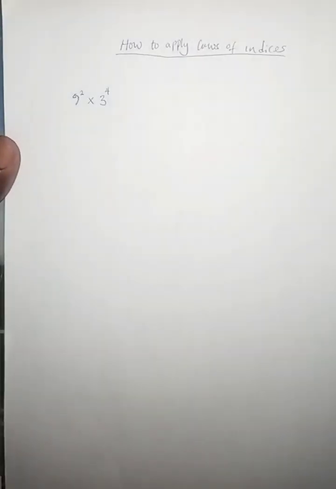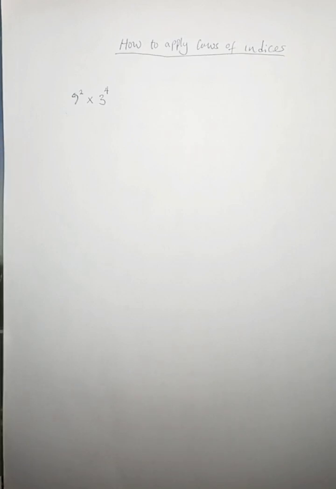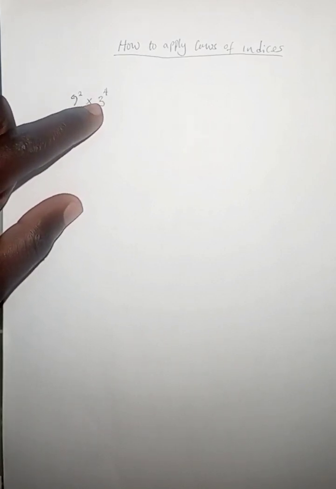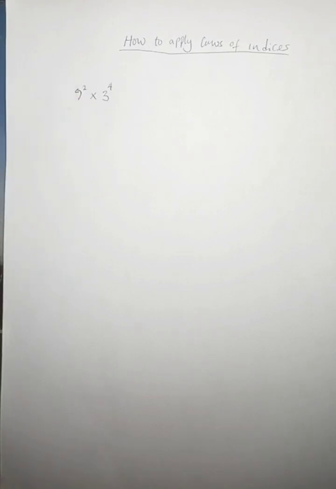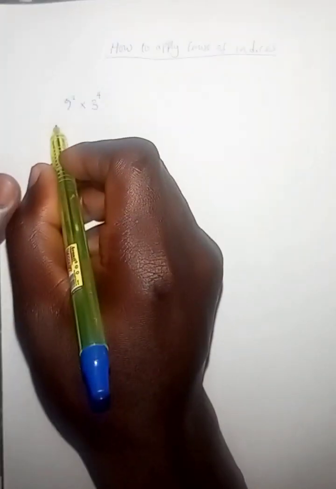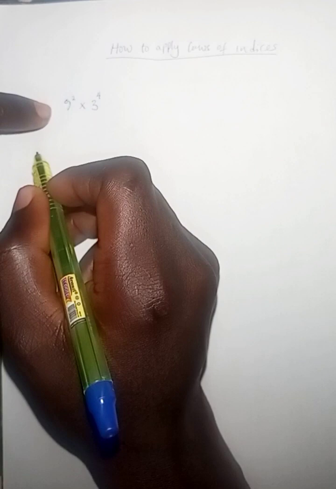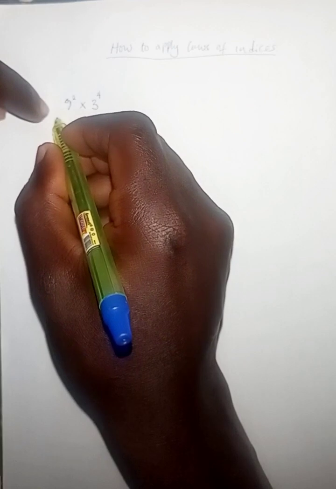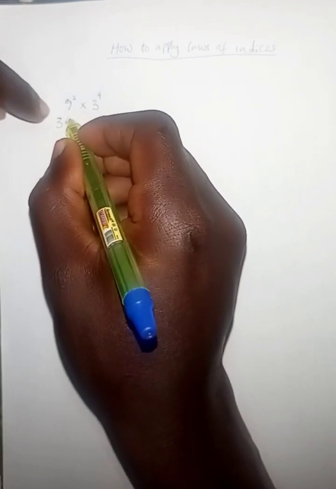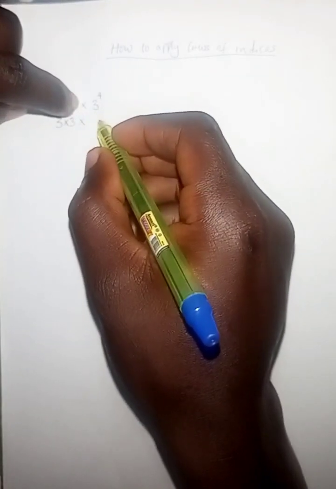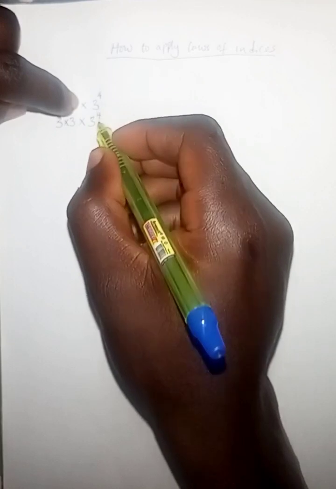And we all know that indices deal with numbers of the same base. 9 and 3 are not of the same base, but we can make 9 to be of the same base as 3, because 9 to the power of 2 is 3 times 3, all to the power of 2, which is 3 to the power of 4.